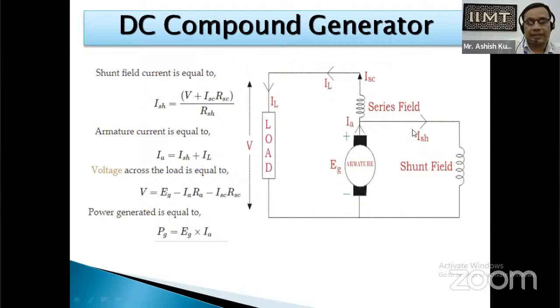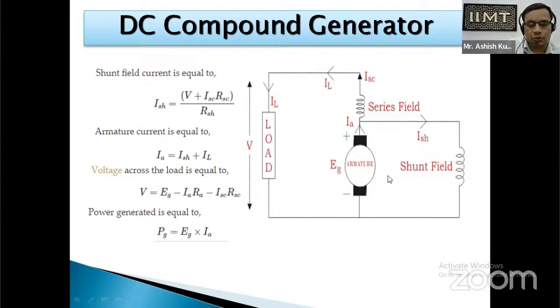While the value of ISH we can calculate either using the formula Eg minus IARA upon RSH, or we can say that V, the voltage across the load, plus the voltage drop across the series field winding, divided by RSH.